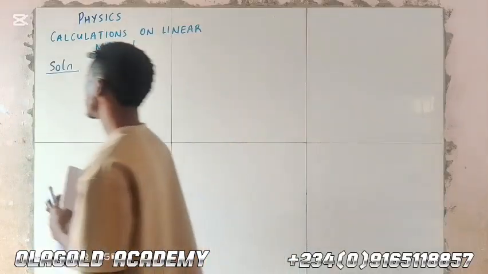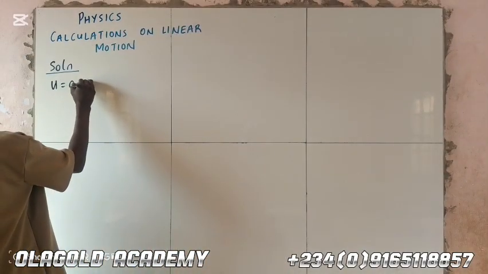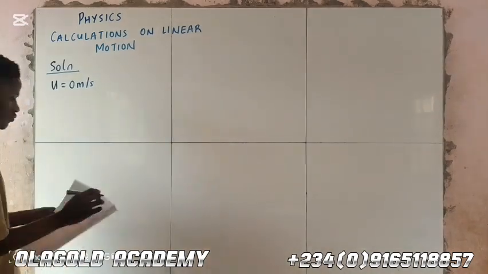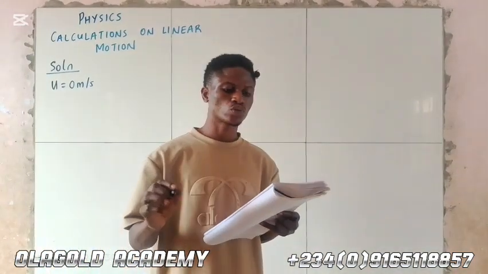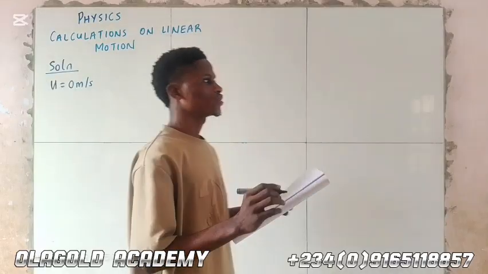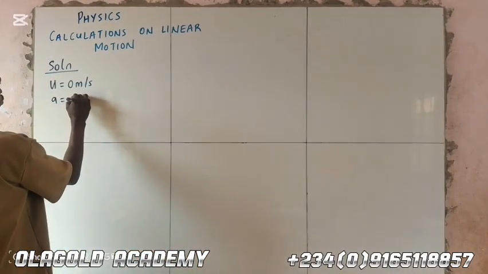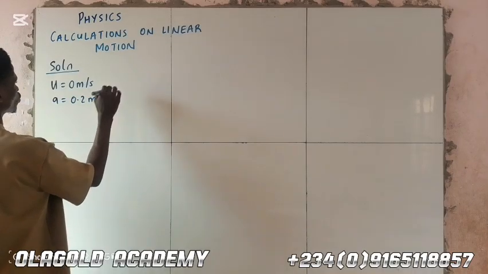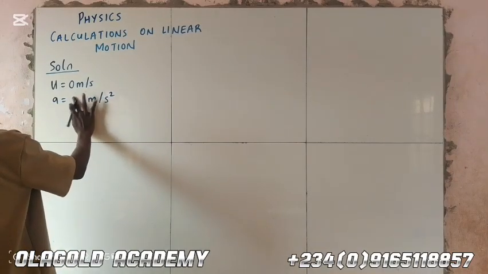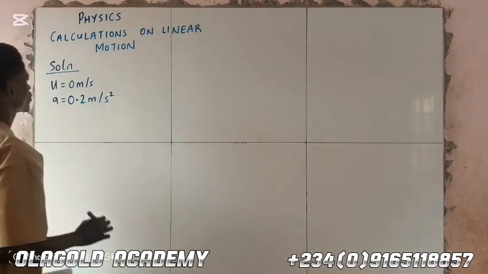So it means that the initial velocity is 0 meter per second, from rest at 0.2 meter per second square. So the acceleration, which is A, equal to 0.2 meter per second square.